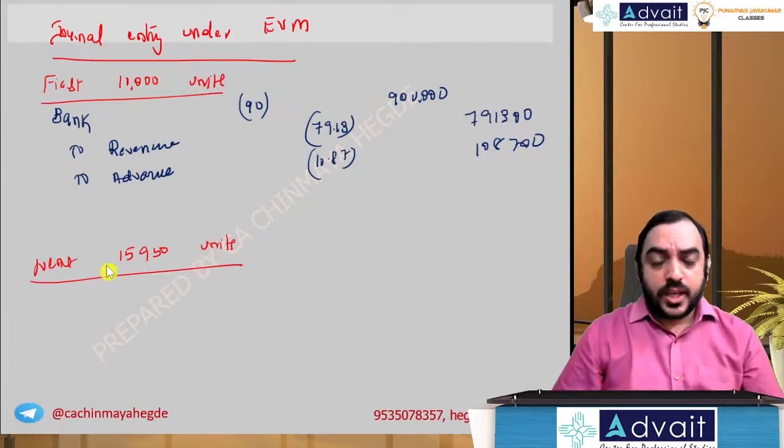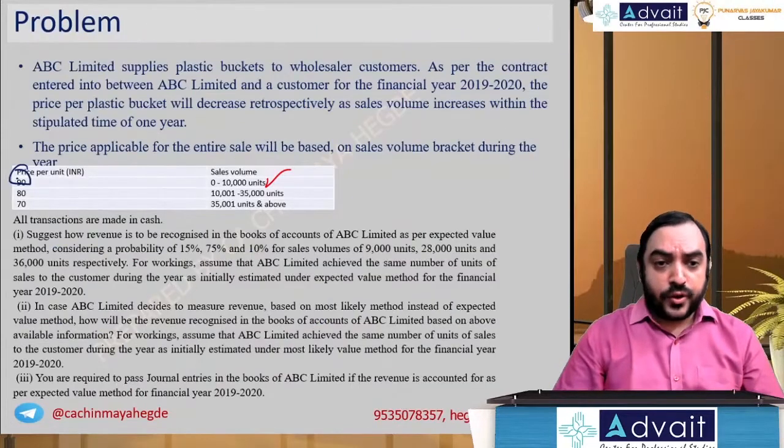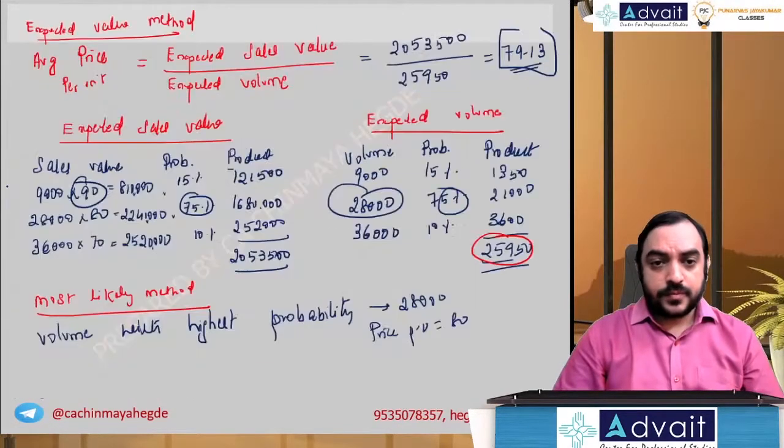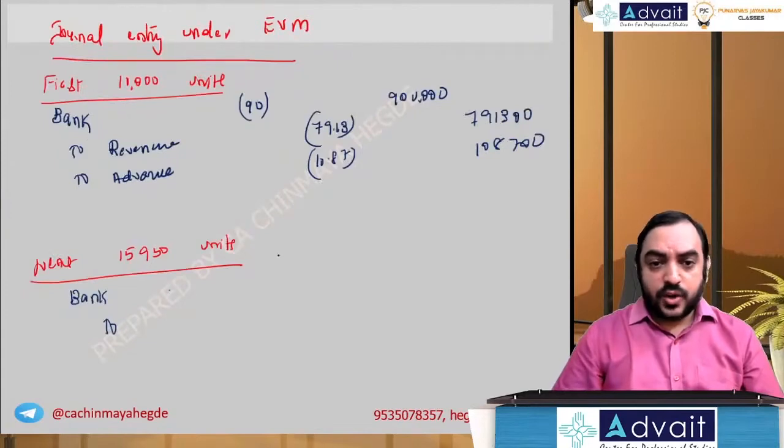Okay. Now, what is going to happen is that when you sell the next entry, you are going to receive the money, bank account debits to how much you are going to receive. When you are going to receive 80 rupees. So, bank account, you are going to receive 80 rupees.